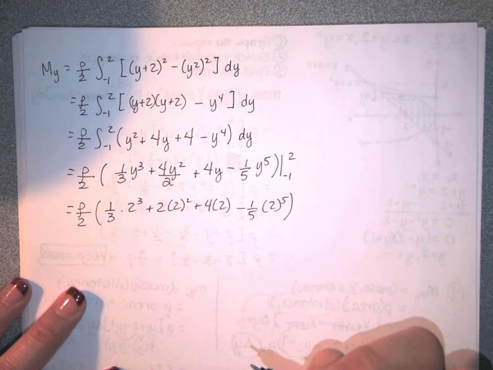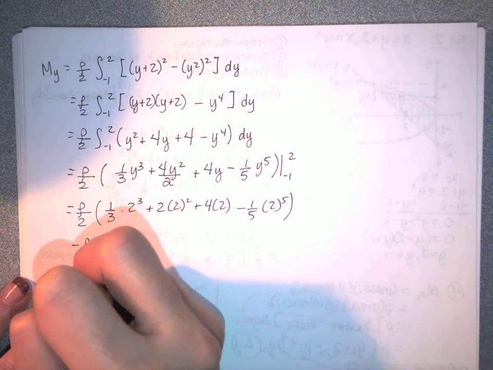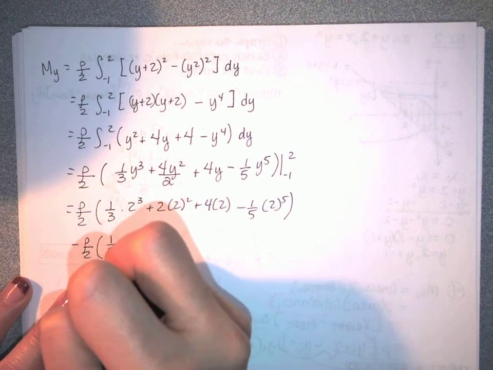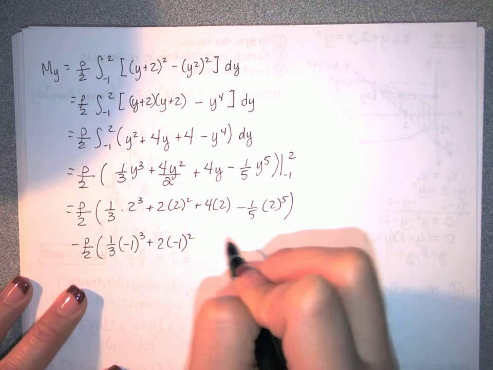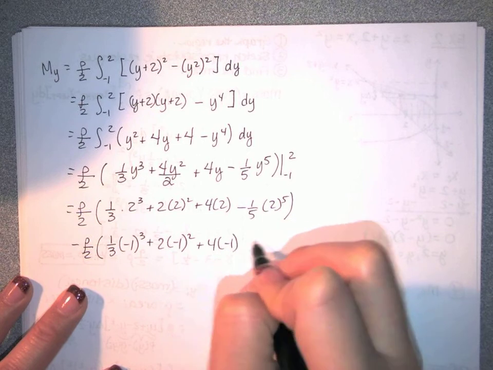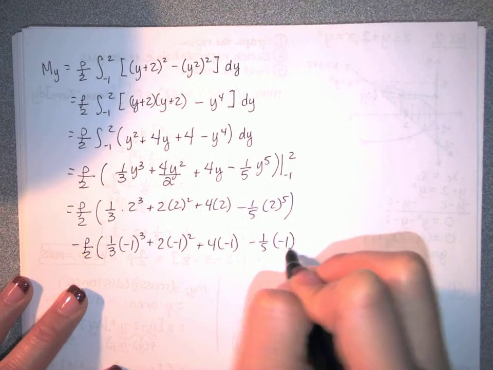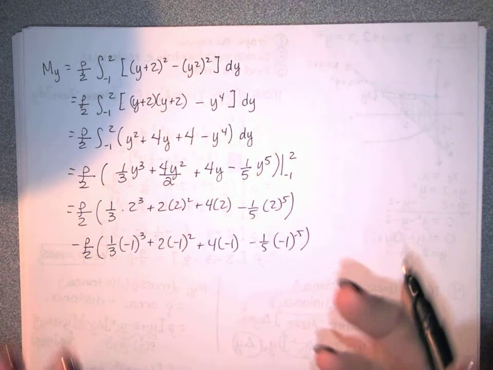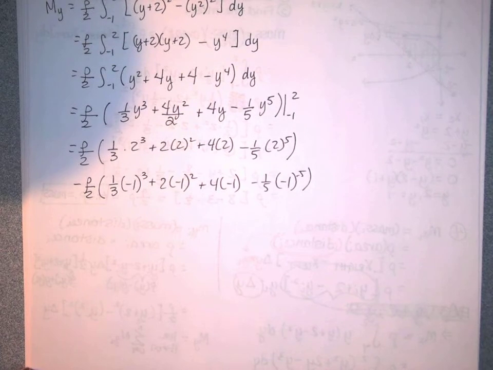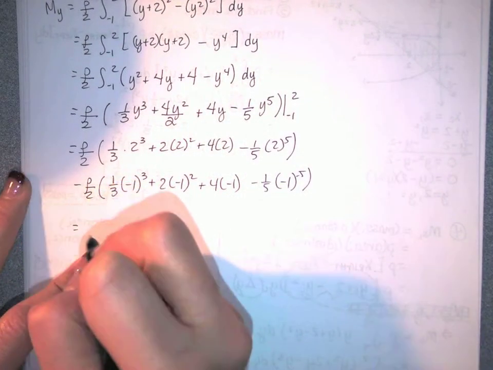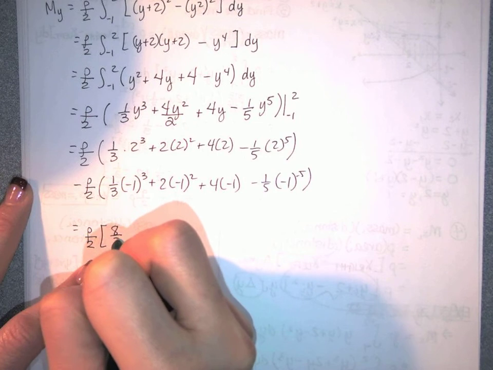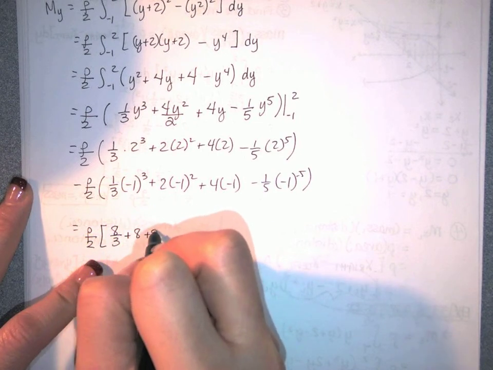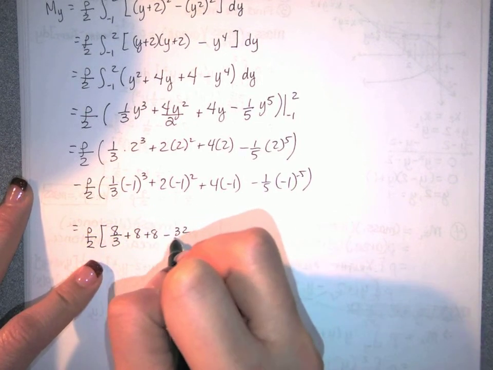All right, that's evaluated at 2. Let's evaluate it at -1. So I've got rho over 2 times 8 over 3 plus 8 plus 8 minus 32 over 5.